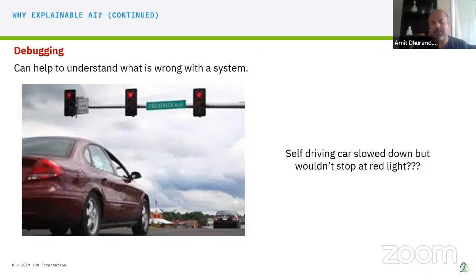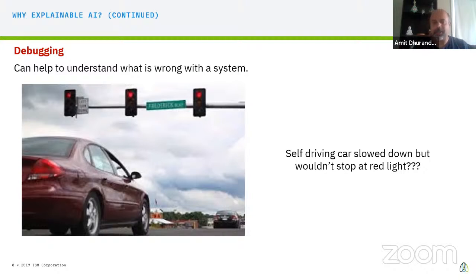And what it had learned, because it's an automatic training system, so it's not like people had provided rules for it, is that when the car sees a red light, there's something called a lurch, which kicks in, and only when that kicks in do you actually stop the car. But when they transferred this into a different car model, that lurch never showed up. So the car just slowed down, but it wouldn't stop at all.